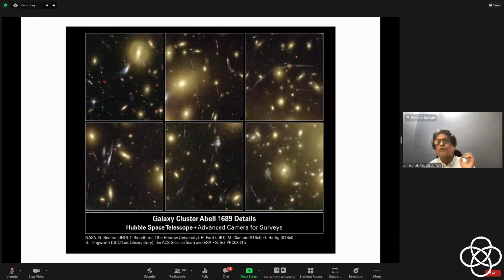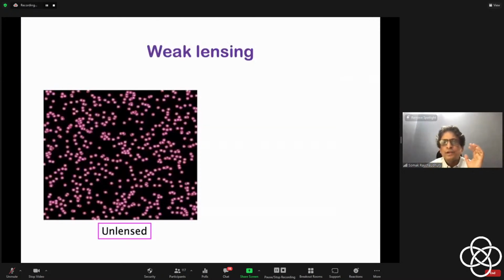So this is called strong lensing. Why strong lensing? Because what you're doing is you're seeing one single source and it is being stretched. But on average, what will also happen is that if you have faraway galaxies, they will also be distorted, if not strongly lensed, stretched like that, only in slight ways. And so that is known as weak lensing.